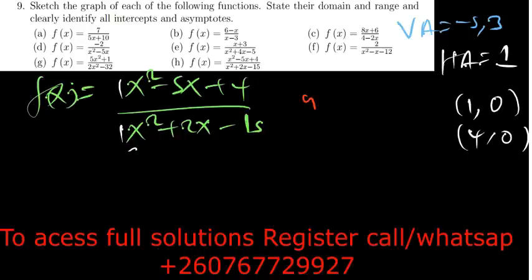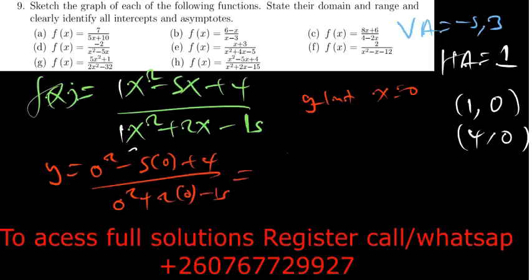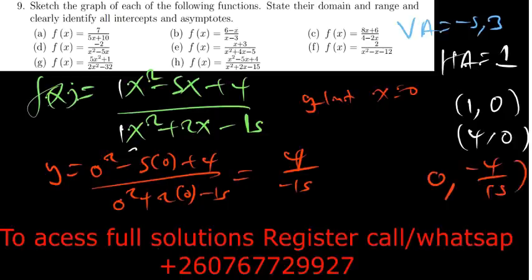To find the y-intercept, x has to be 0. So y is equal to 0 squared minus 5 times 0 plus 4, over 0 squared plus 2 times 0 minus 15. So I'll have 4 over negative 15. So the y-intercept is that when x is 0, y is negative 4 over 15.